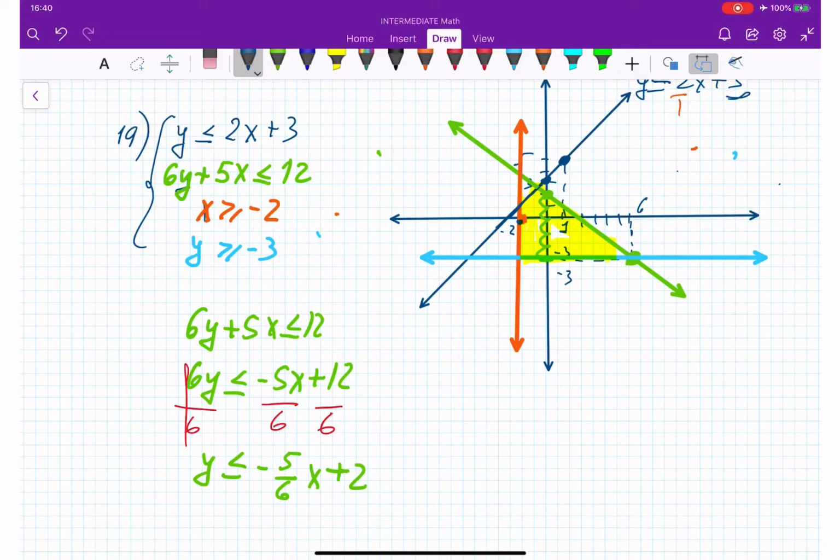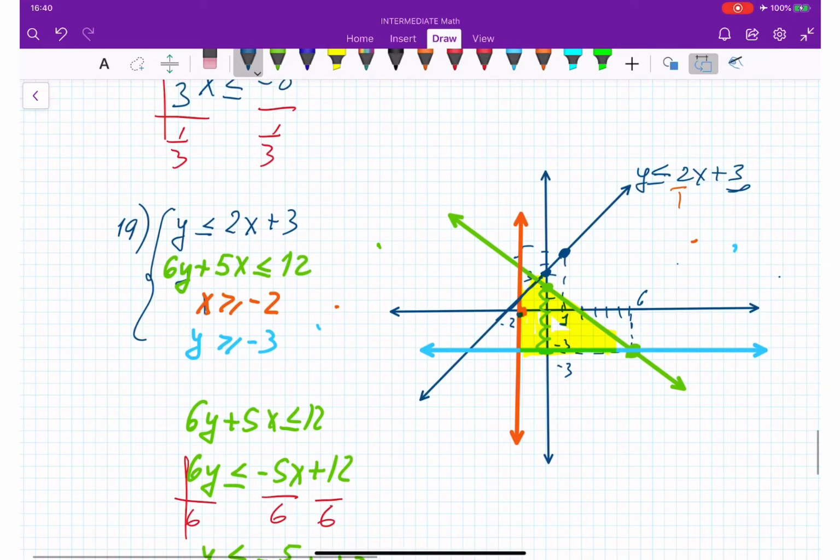But if you want to check, you go again like that. X is 0, let's say for the first one, this one. If X is 0, then Y is greater than 3, right? Okay, here it's greater than 3. I mean less than 3. So it's going to shade this area.